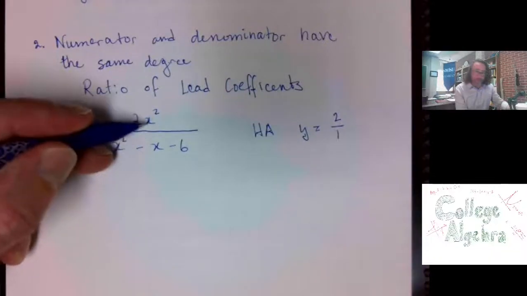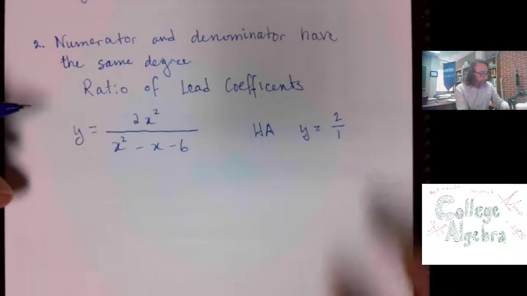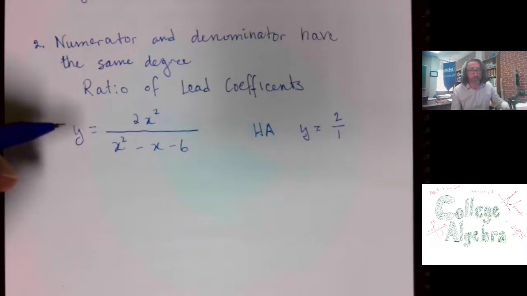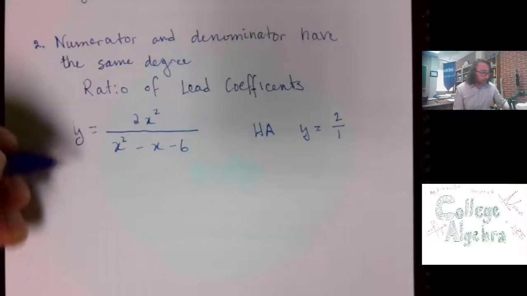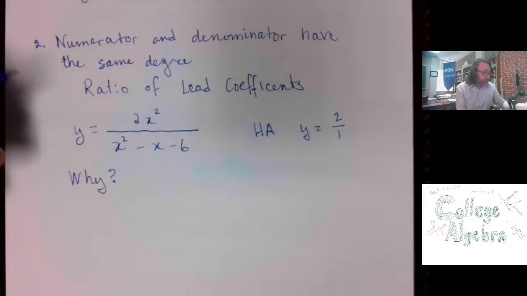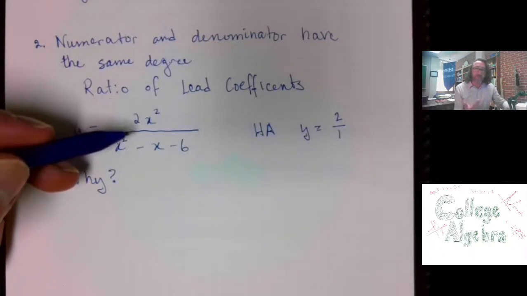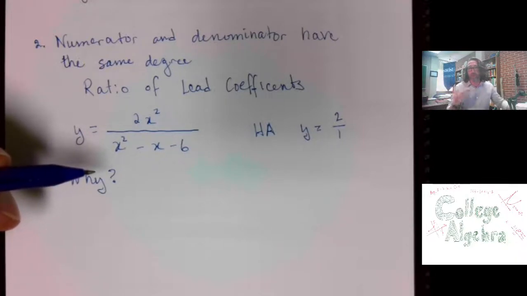Lead coefficient up here is 2. Lead coefficient down here is 1. And as we see in the picture, the graph is flattening out towards the line y equals 2. So I still want us to understand why this is happening. And the reasoning is basically the degree determines the rate of growth for large x values.